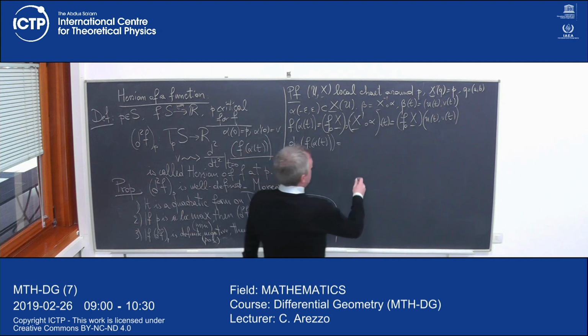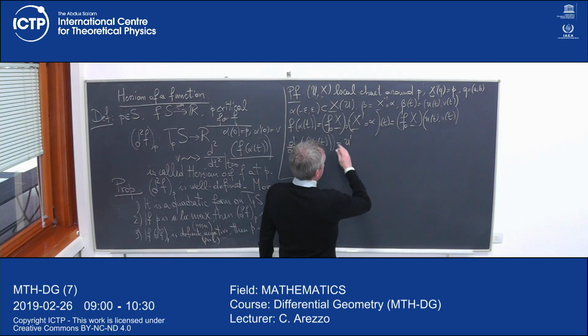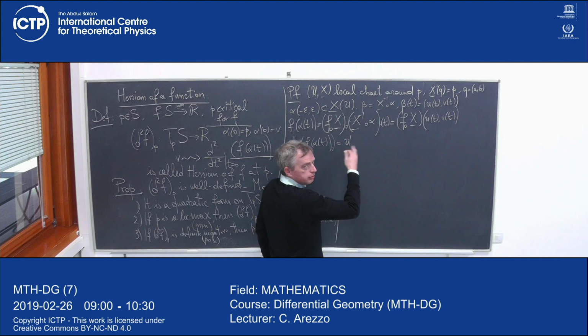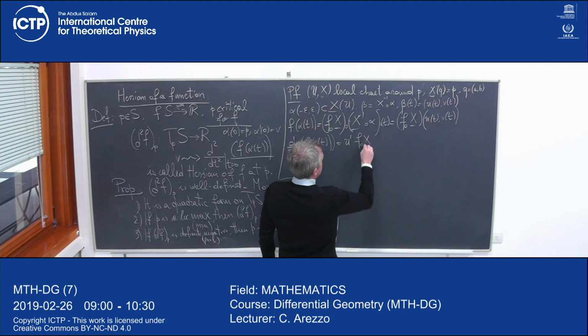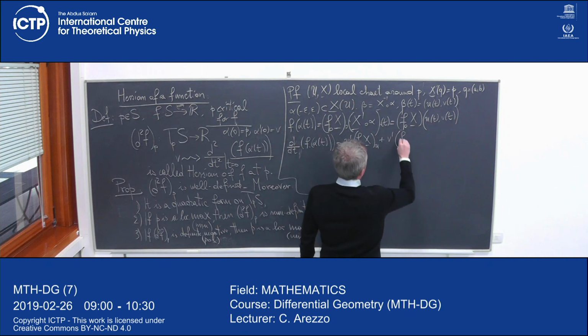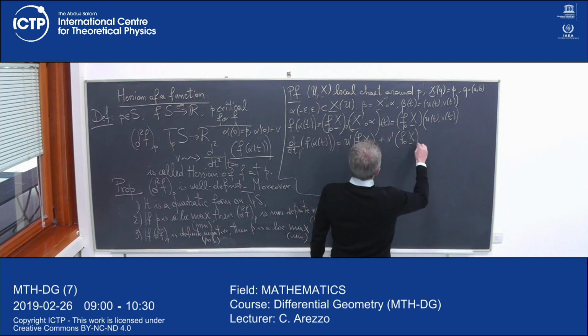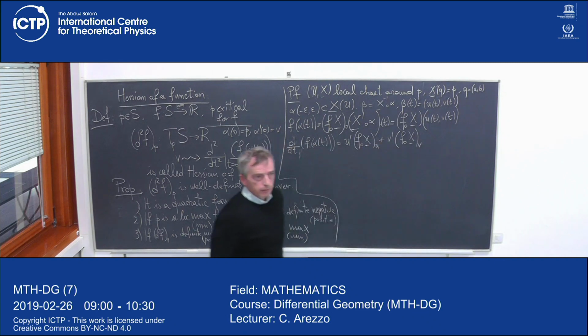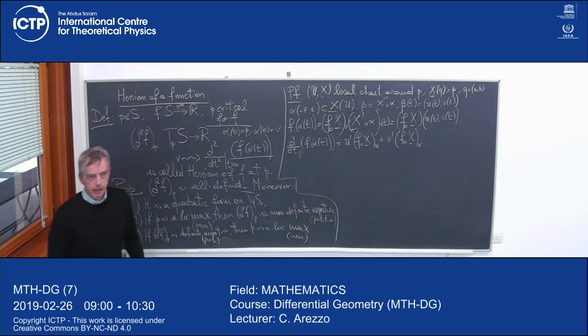So this is u prime. Now I drop the dependence on t. Everything is at the point t or u of t, v of t. Times f composed x u plus v prime f composed x v.